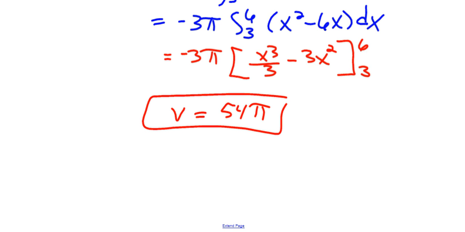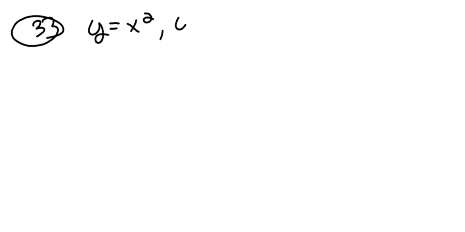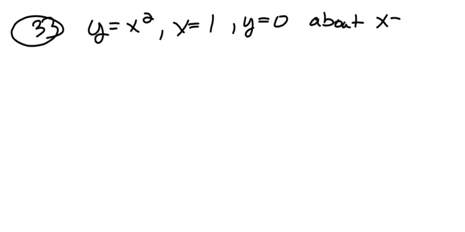All right, our last example that we want to do is number 33. And this is going to be where we're given this function, and x equals 1 and y equals 0. And then it says we're going to rotate about x equals -2. So we're rotating about another axis.